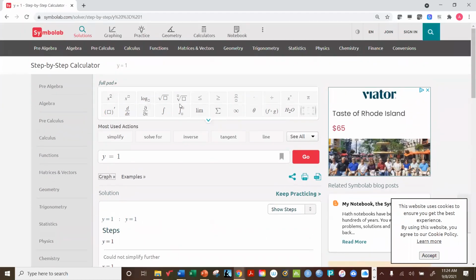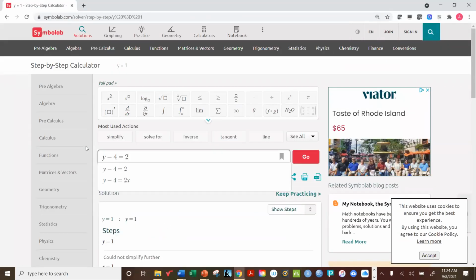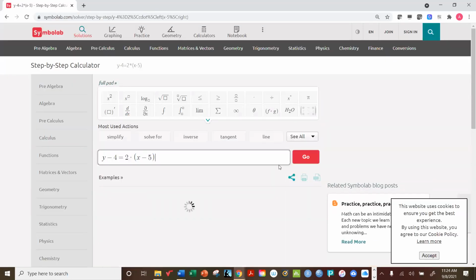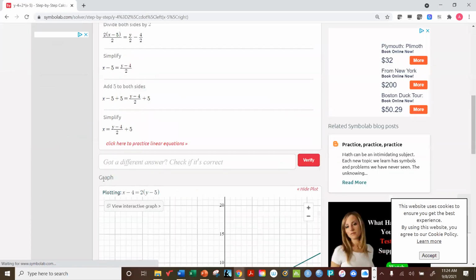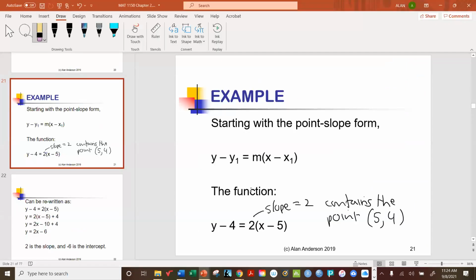If I write it like this, let's see how smart it is. Y minus 4 equals 2 times x minus 5. I want to see how smart this is. Well, it's expressing it like that.